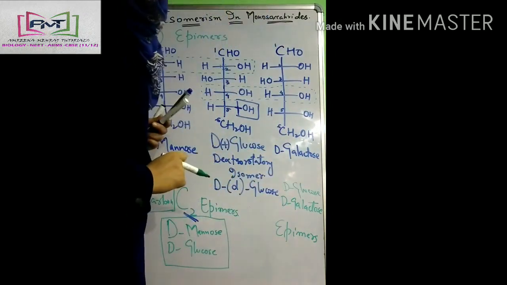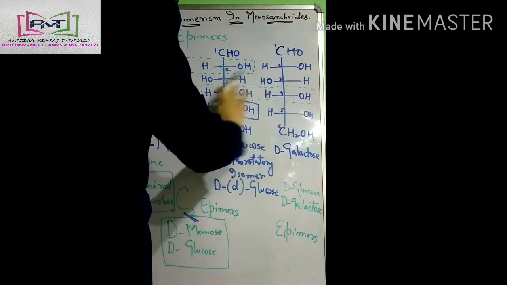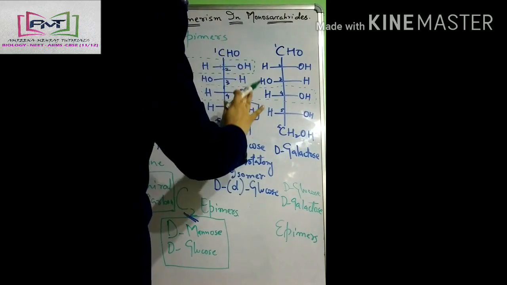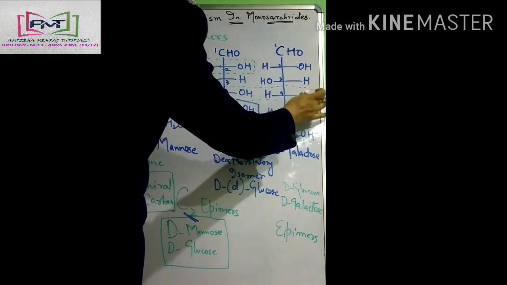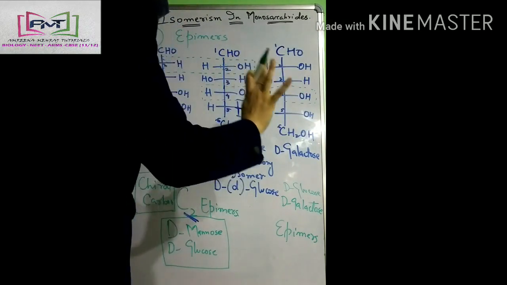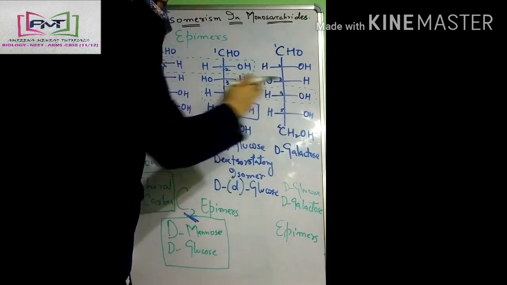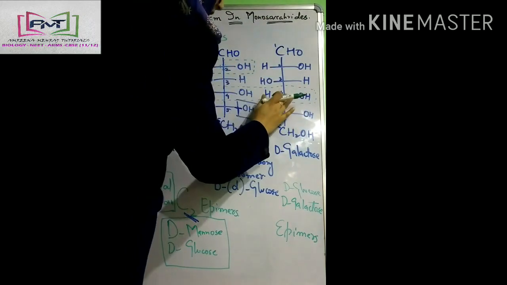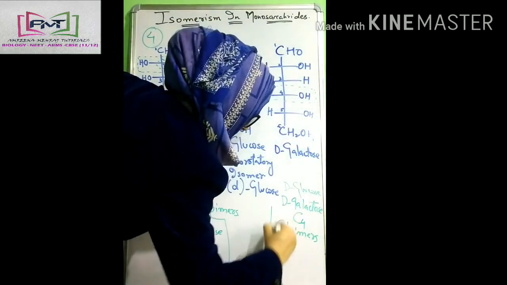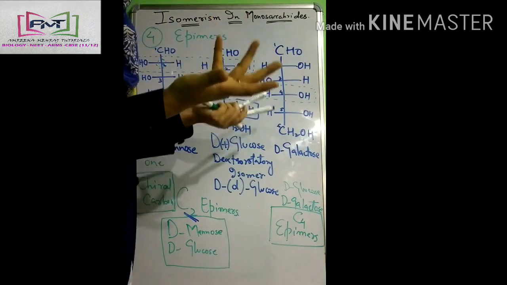These 2 are epimers because epimers differ from each other in their arrangement of groups around only 1 chiral carbon. They are the same, but they differ in their arrangement around carbon number 4. So I'll call them C4 epimers.